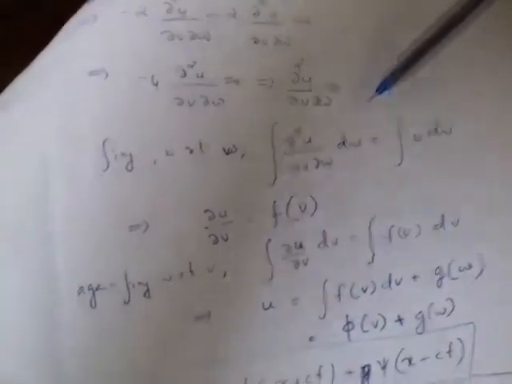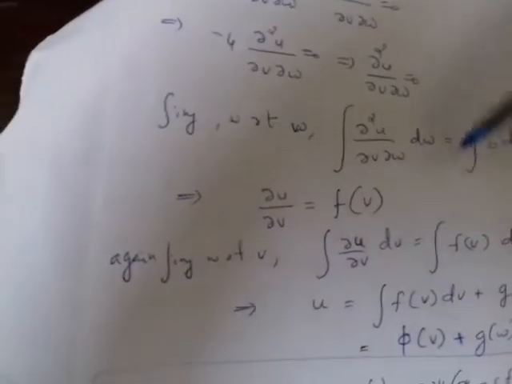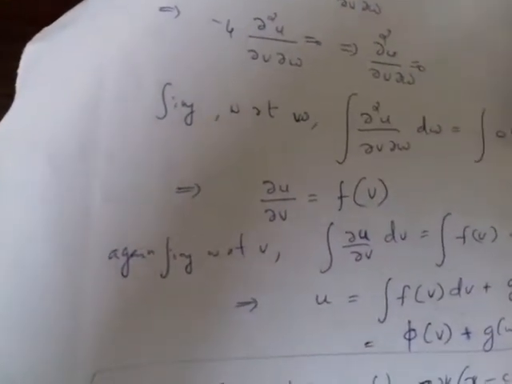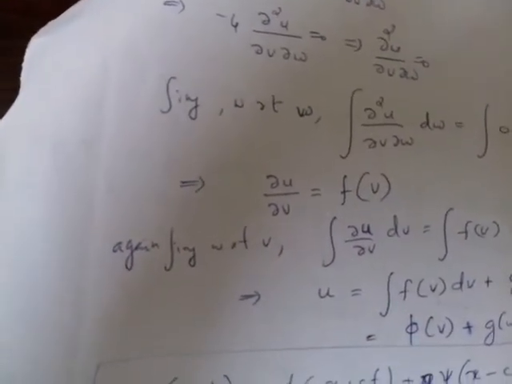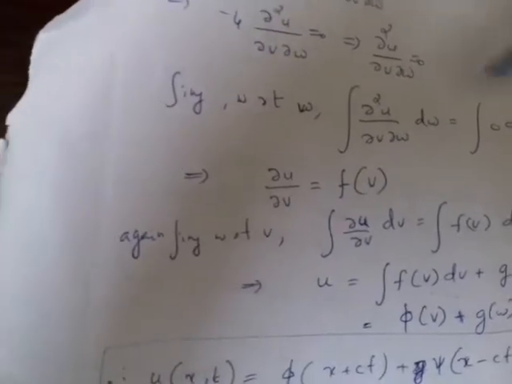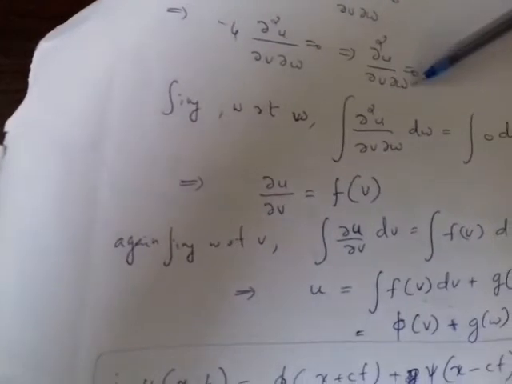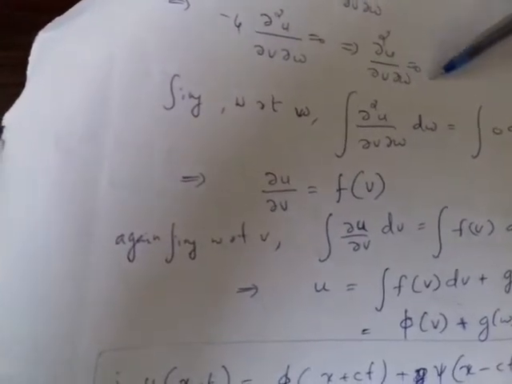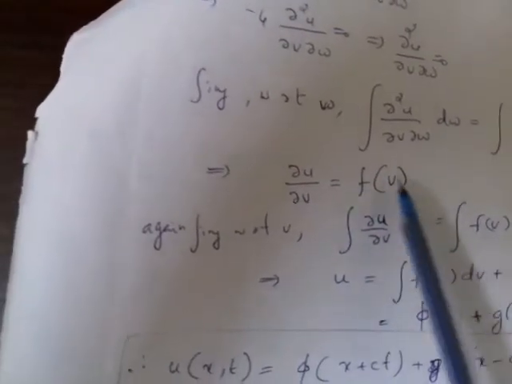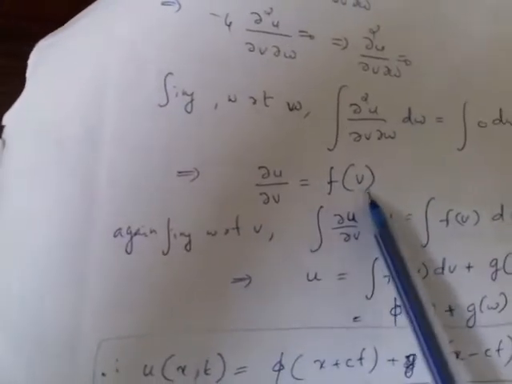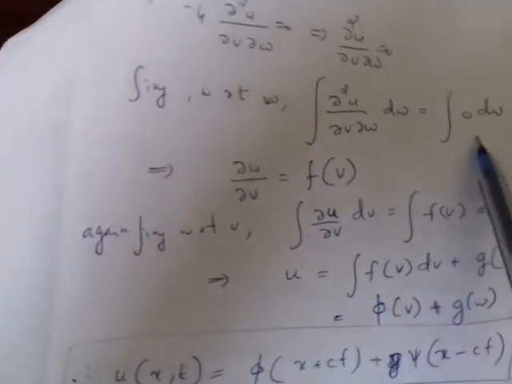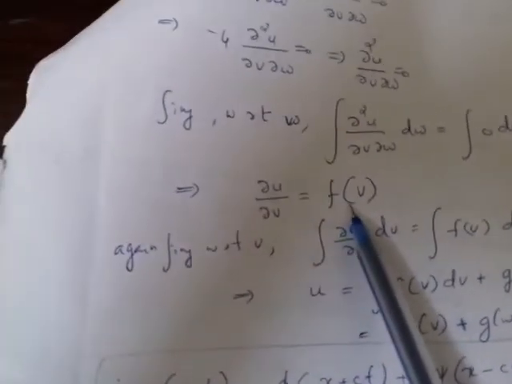And integrating with respect to w, the integral of ∂²u/∂v∂w is equal to the integral of 0 dw. That is ∂u/∂v is equal to a function of v, because the integral of 0 is a constant, so it's a function of v.